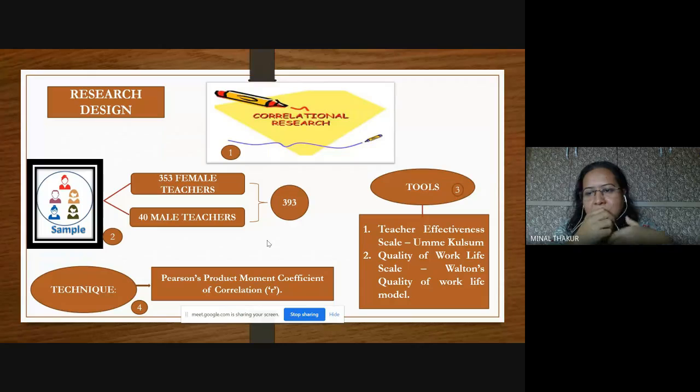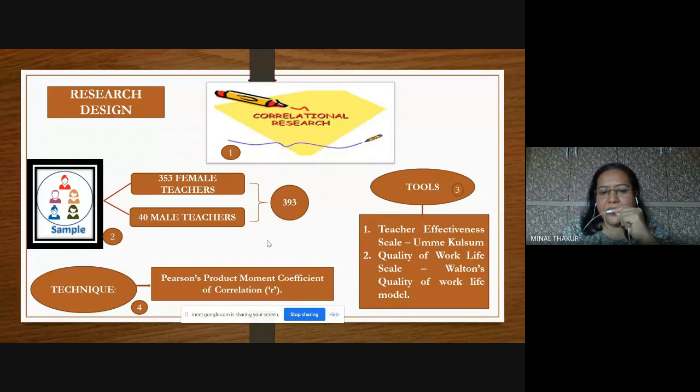So out of 100, the 10 or 20 students become my sample, and the 100 students that you have are called the population. In my study, I have taken 353 female teachers and 40 male teachers, and overall 393 school teachers as the sample. Now, when you have a sample, you need to get data from it, so you need to have tools: questionnaires, interview schedules, or rating scales.